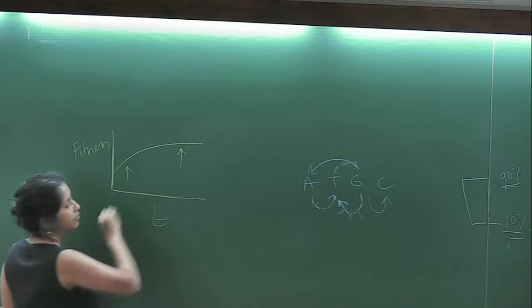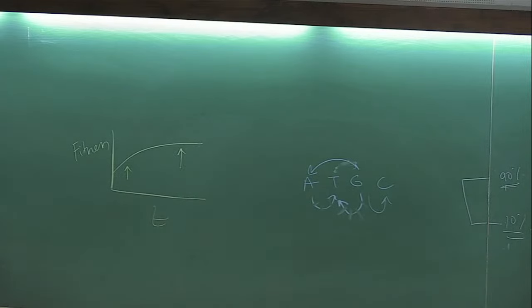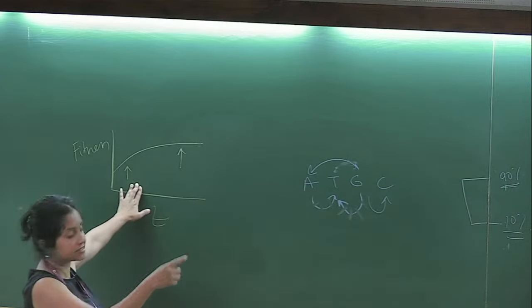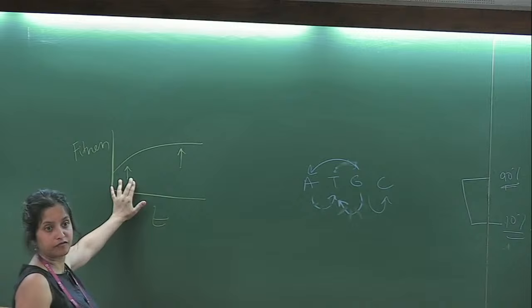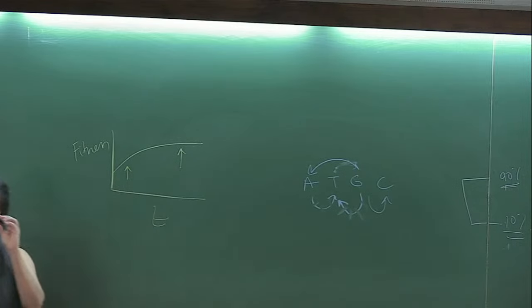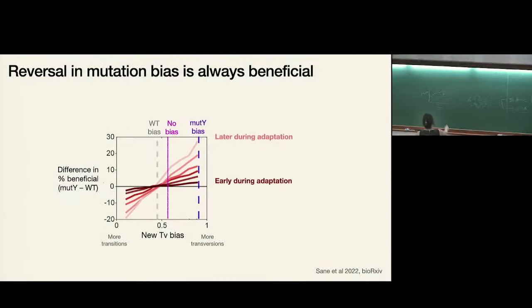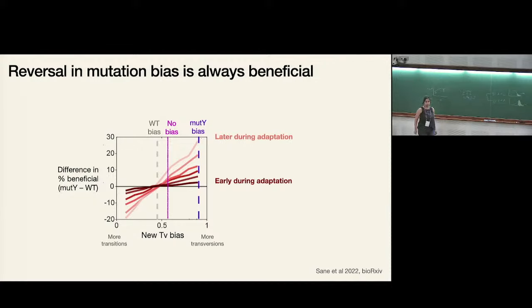If I simulate a bias shift here, late during adaptation, what's the impact? And what you predict from this simulation is that early during adaptation, if you do a bias shift, there'll be a small effect, okay, a small benefit to be had. But later during adaptation, there's a huge benefit to be had. Okay, so light pink lines are much bigger.